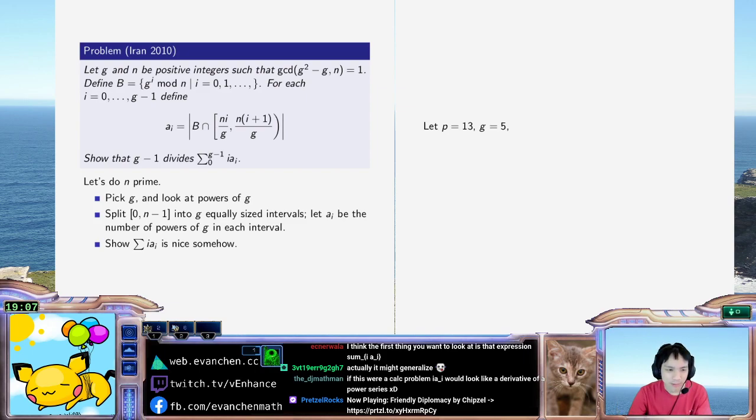I'm splitting 13 into 5 equally sized intervals. So first let's sort it: 1, 5, 8, 12. Okay, so my intervals are, A0 goes up to 2.6, is that right? Yeah, 2.6.